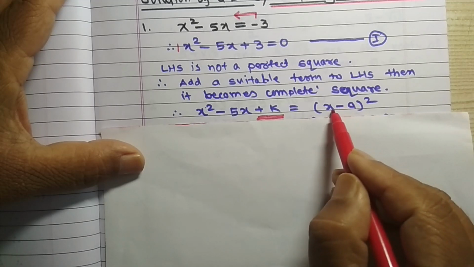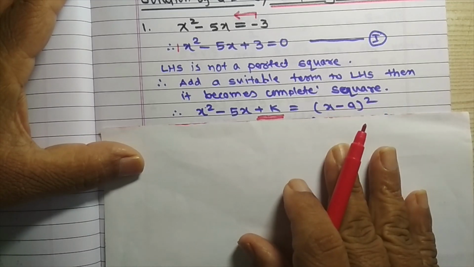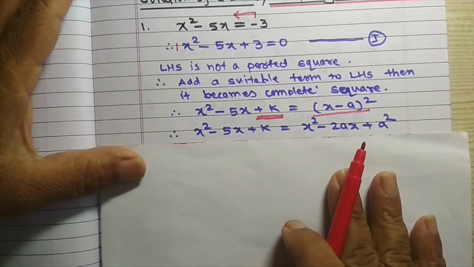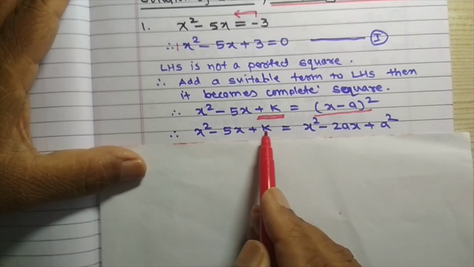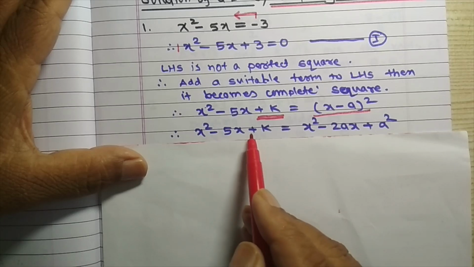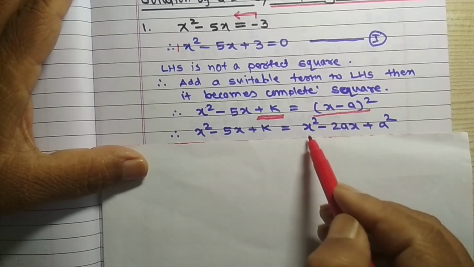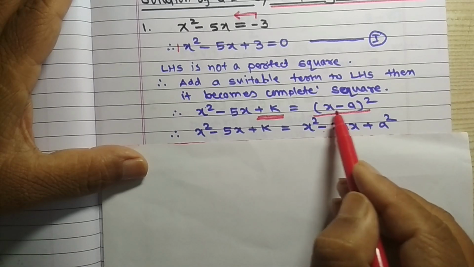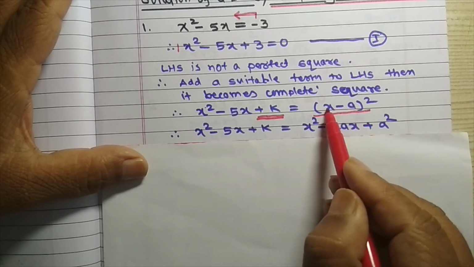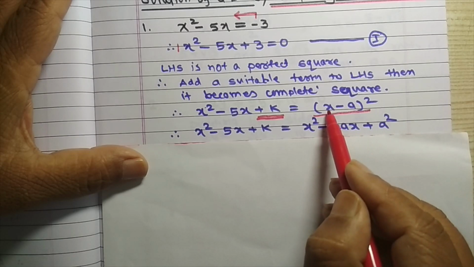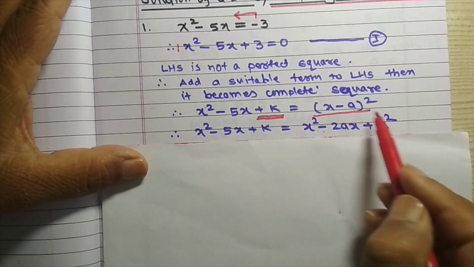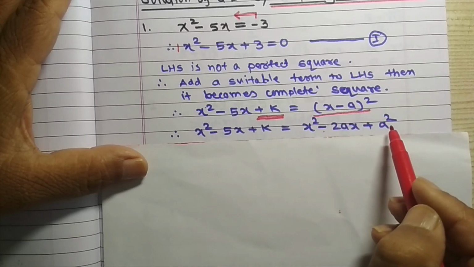Means we have to write here x minus a bracket square. We have to expand the right side. See here, x square minus 5x plus k, this is the left side, and it becomes square of the first term minus 2 into first term into second term. A into x means ax. 2 is the coefficient of ax. Okay, plus square of the second term.